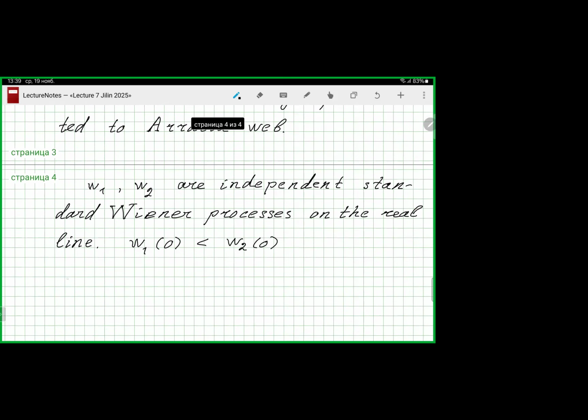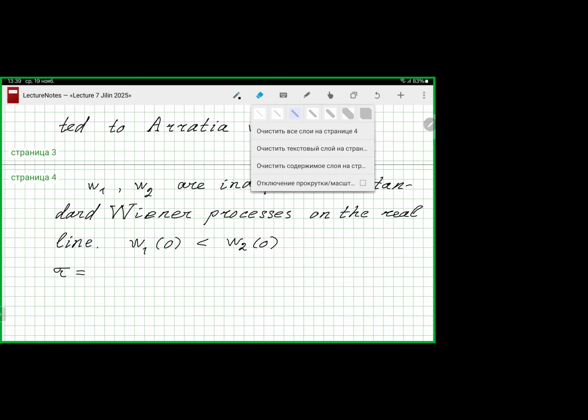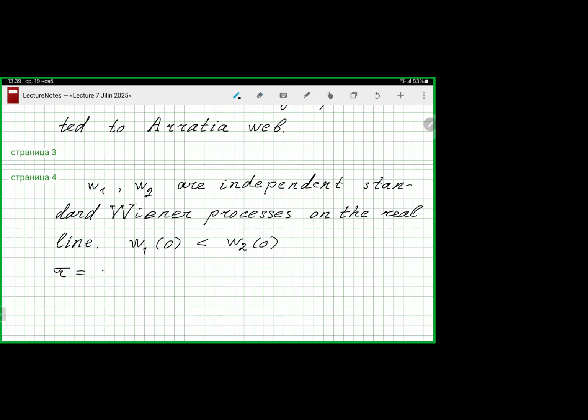Then one can define the following stopping time. This will be the minimum of such t greater than 0 that W1(t) is equal to W2(t).